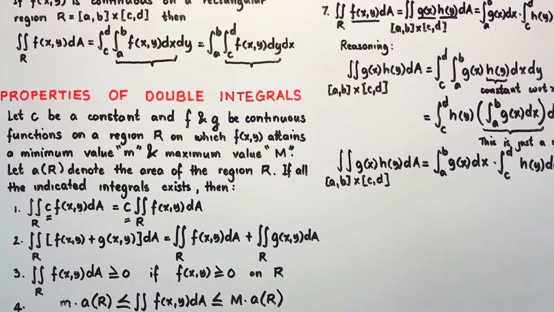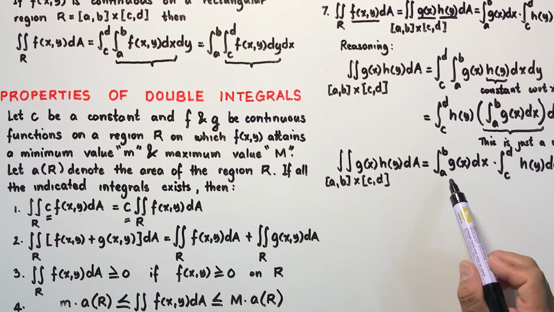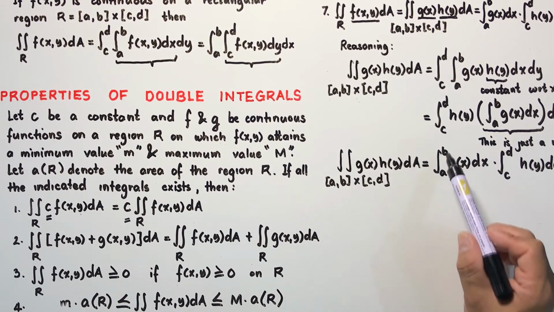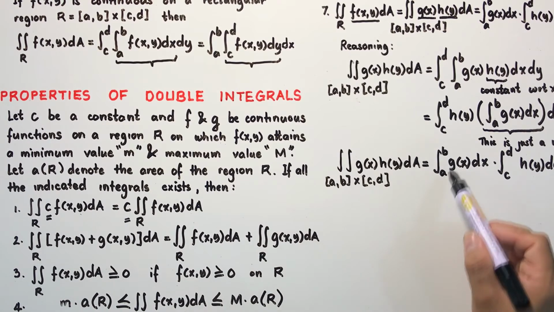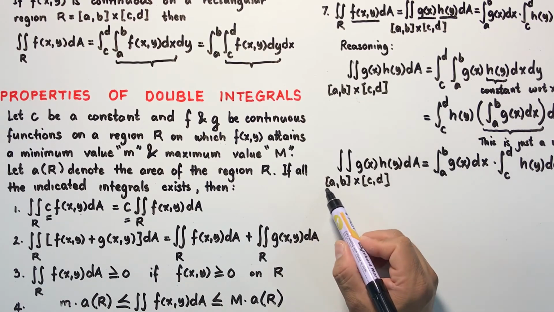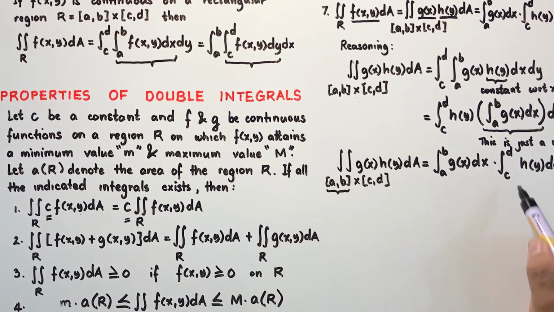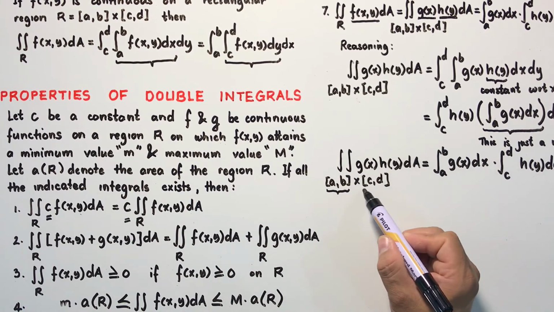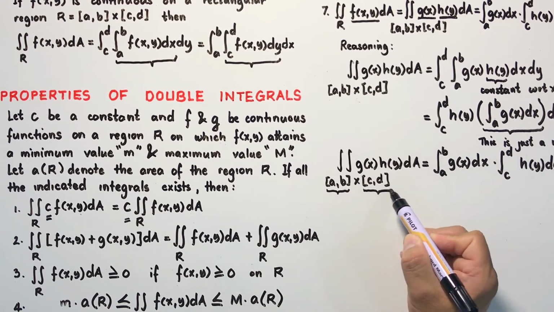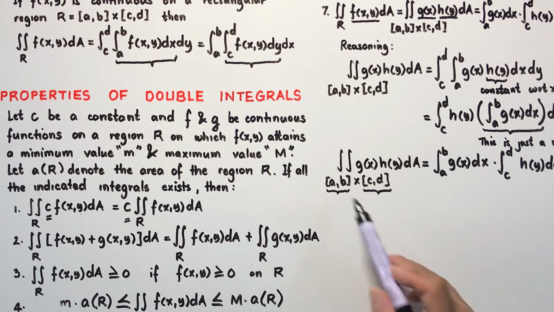And how do we know that the limits of integration with respect to x is from a to b? It is from a to b because x should be taken from our x interval, and our limits of y should be taken from the interval of y. So this is the reasoning behind this number 7 property.